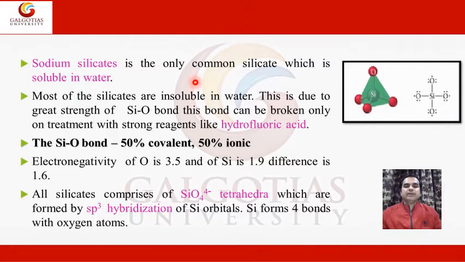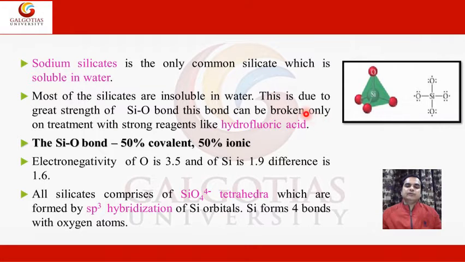Why is this happening? This is mainly due to the great strength of the silicon-oxygen bond, and this bond can be broken only on treatment with strong reagents like hydrochloric acid, which is among the strongest acids known to us.